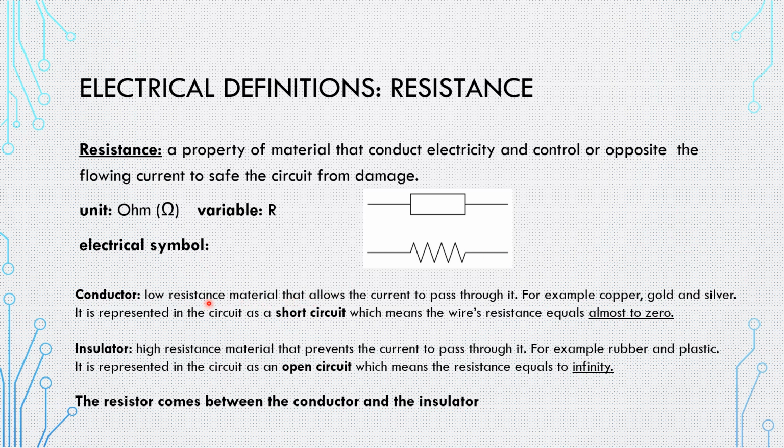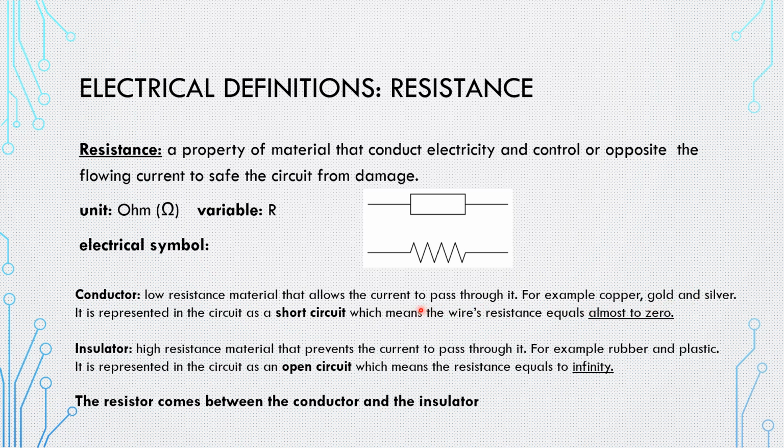So a conductor is just a low resistance material. Since it has low resistance, it means that it will allow all the current to move. It will not limit or prevent any current from going through the circuit.